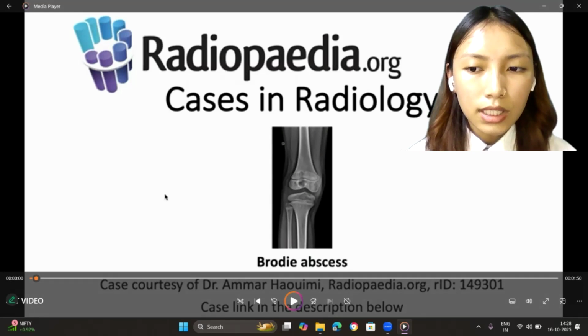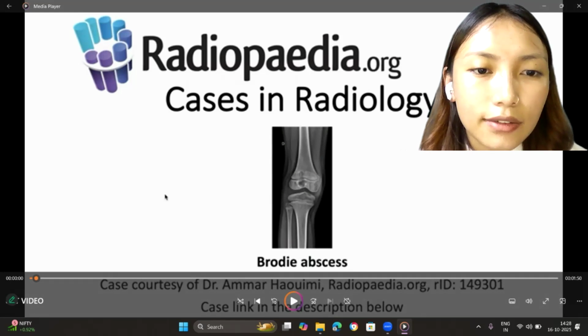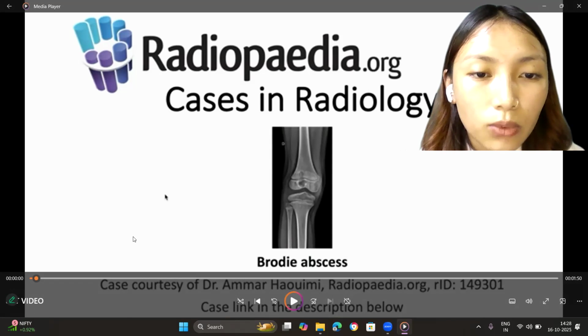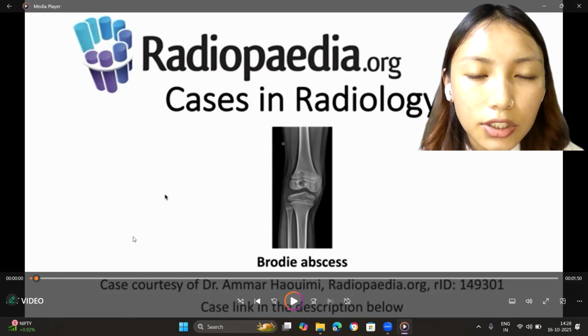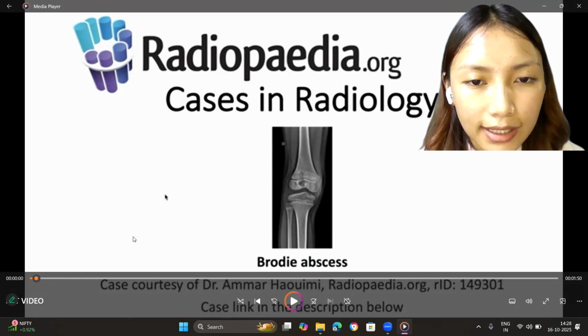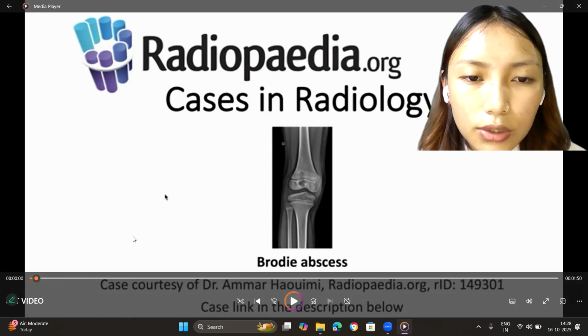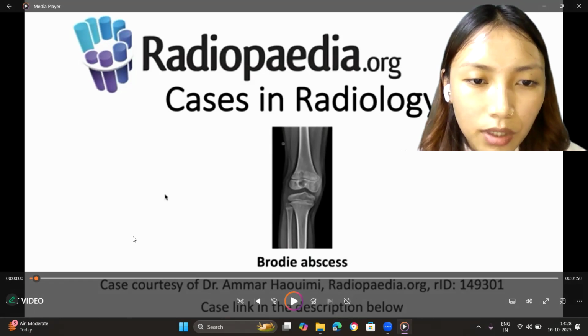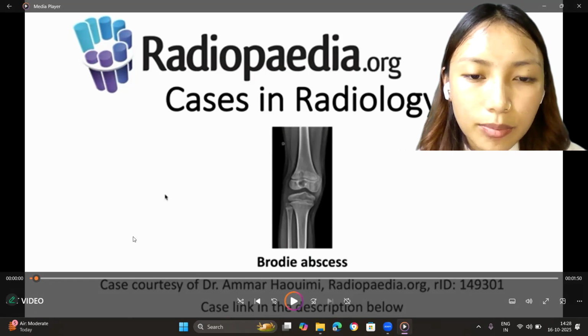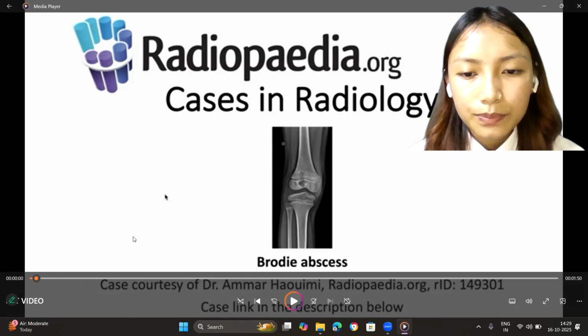So, in diagnosis, the finding is consistent with a Brodie abscess, which is an intraosseous abscess caused by subacute or chronic osteomyelitis, most commonly due to Staphylococcus aureus. Common sites include the tibial metaphysis, femur, and carpal or tarsal bones.